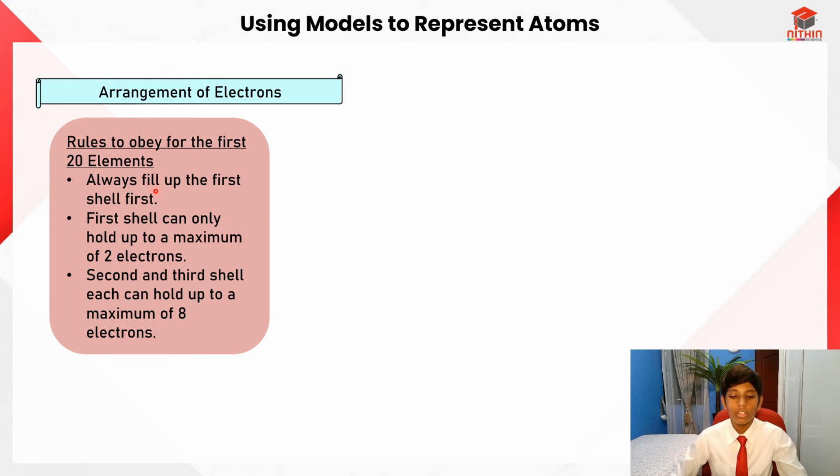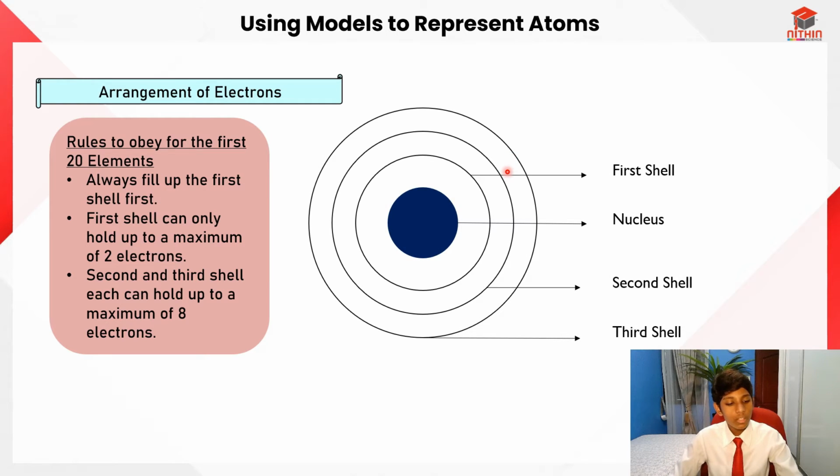Always fill up the first shell. This is the first shell of electrons, and it can only hold a maximum of 2 electrons. The second and third shells can each hold a maximum of 8.